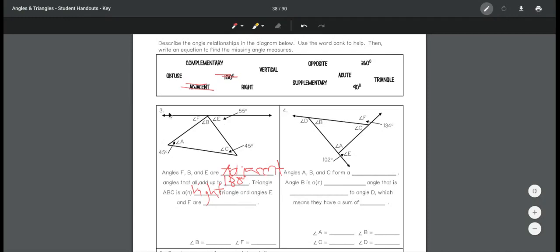Actually, angles E and F. So we know that angles E and F are indeed acute, but that also means they are complementary. They are complementary angles. We already did right, so we have to make sure we cross out the right. And we are about to do complementary. So I'm going to cross that out and write comp, but make sure that you put the whole word. You need to have complementary. It's on your slide so you can see how it's spelled there too.